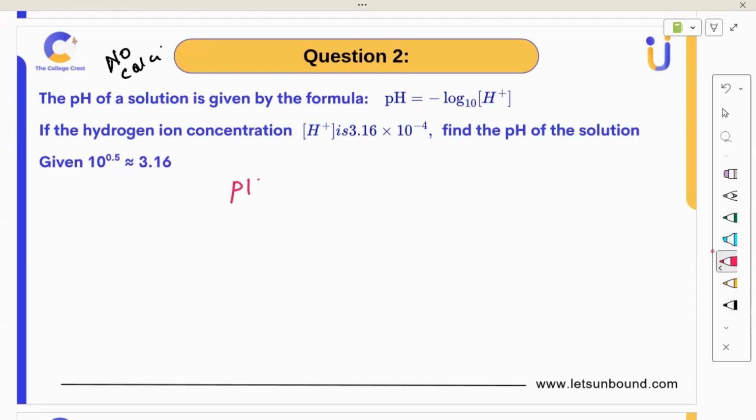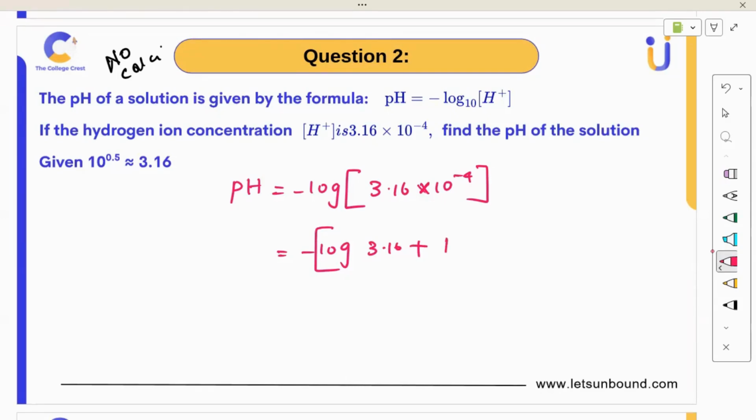So pH equal to negative log. Base 10 is not needed actually. Just log is enough because it's common log, right? So 3.16 times 10 to the power minus 4, without calculator. So minus log, when you apply log, of 3.16 plus, because of the product, when you expand it, it will become addition, log of 10 power negative 4.